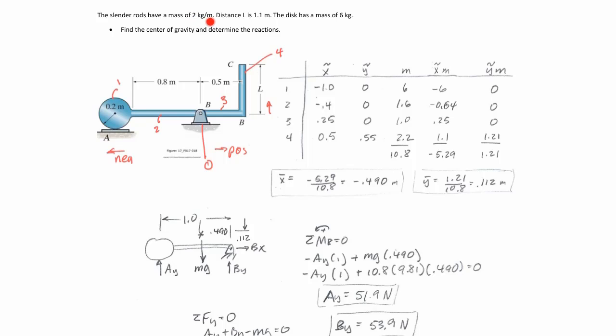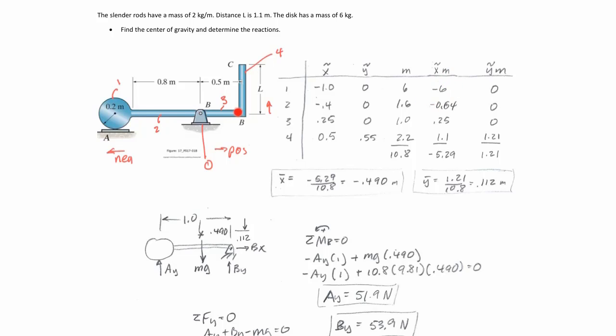This has a mass of 2 kilograms per meter times 8.8 meters. That gives us 17.6 kilograms of mass, and multiplying that. These are both in the negative x direction, so they have negative distance. And then when you multiply out, you get a negative product.